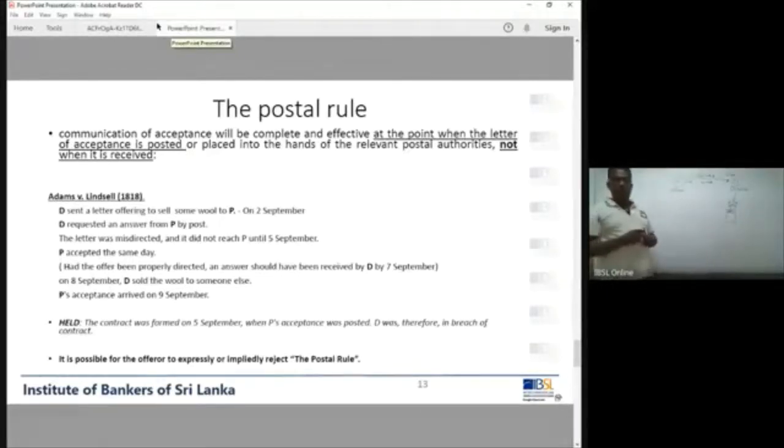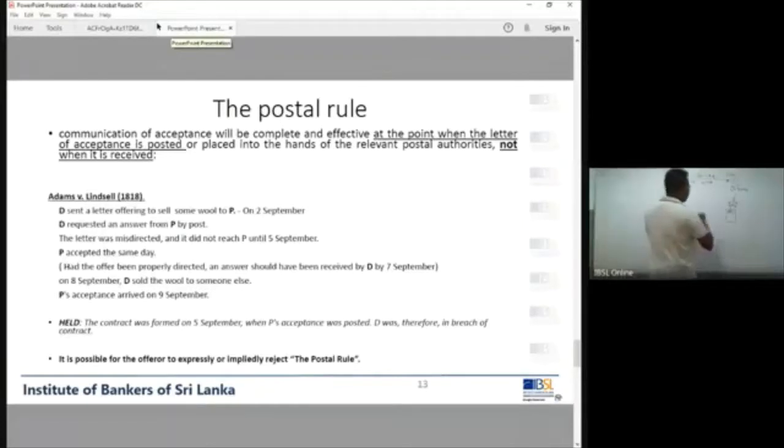So then what happened? For the 8th of September, since there is no acceptance, what he did on the 8th of September, he sold this bull to somebody else. You say S. He sold to somebody else.